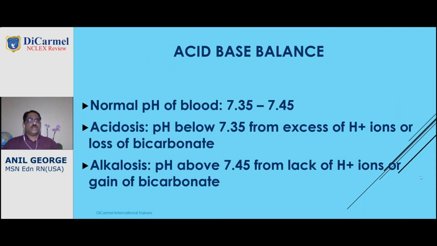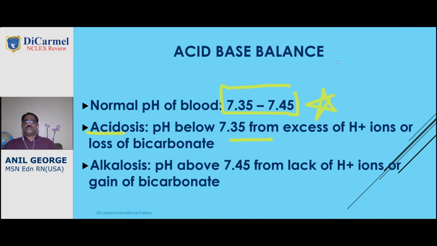All right, so this is what we have heard so far. The pH is the most important value, which determines the acid-base status. The normal value is 7.35 to 7.45, and we call it acidosis if the value is less than 7.35.